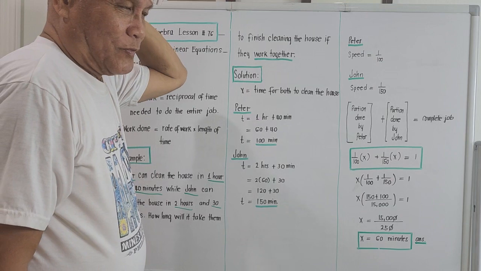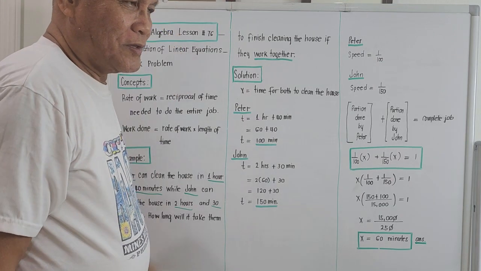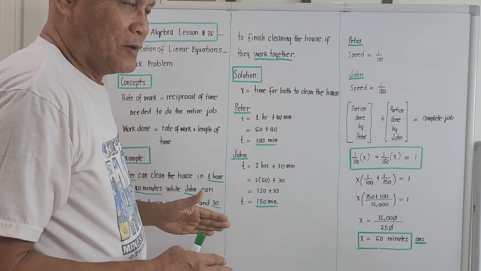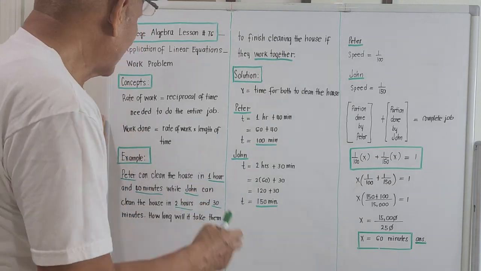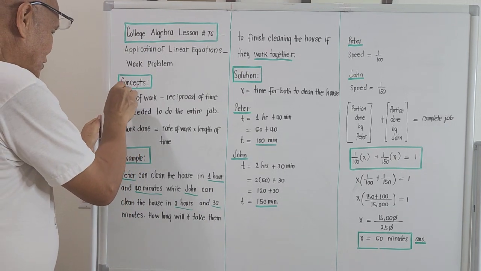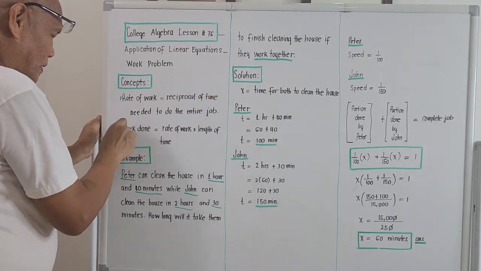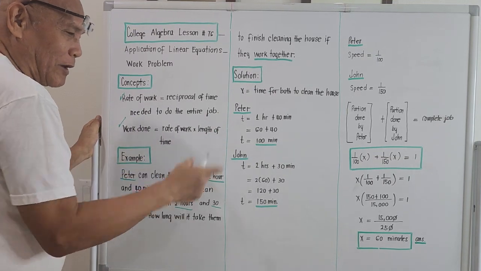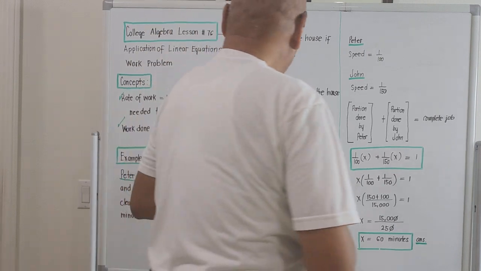So, to better understand the translation of these to algebraic equations, we need the two concepts that I discussed over here. That is, the rate of work is just the reciprocal of time, and the work done is the rate of work times the length of time. Let's try to bring out the solution.